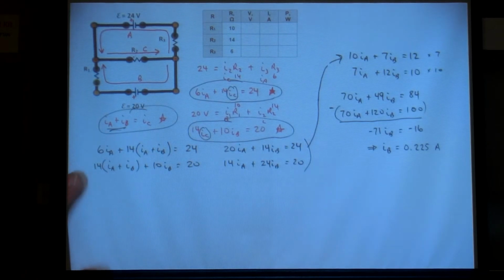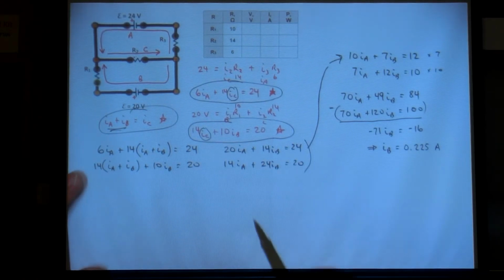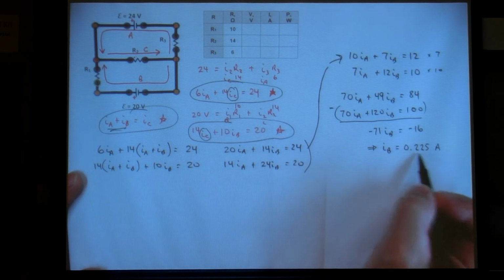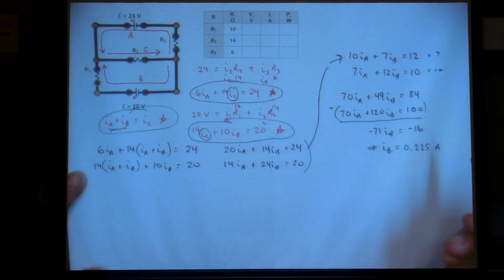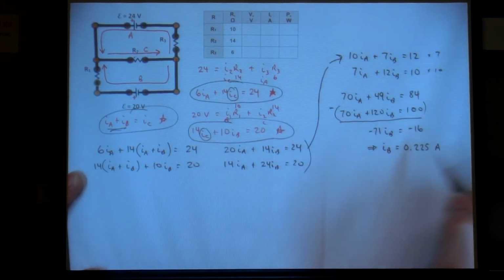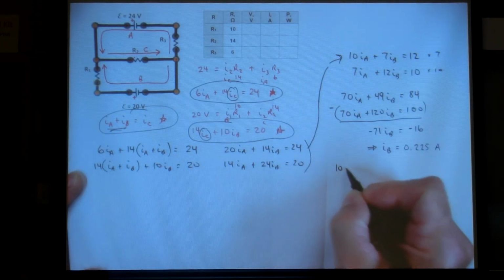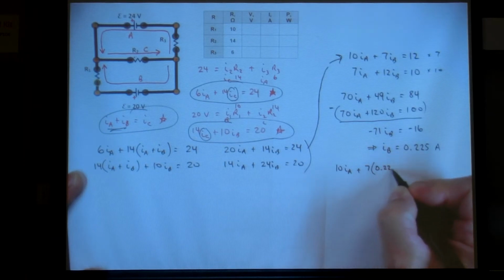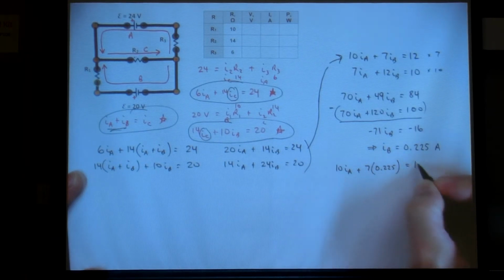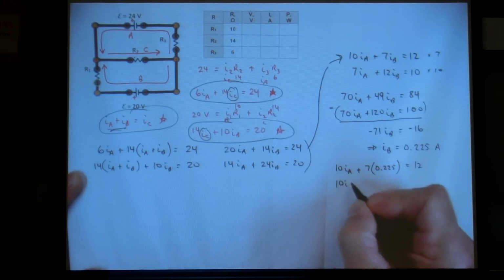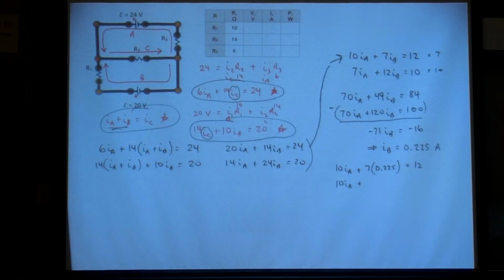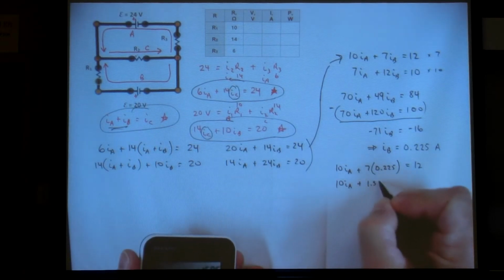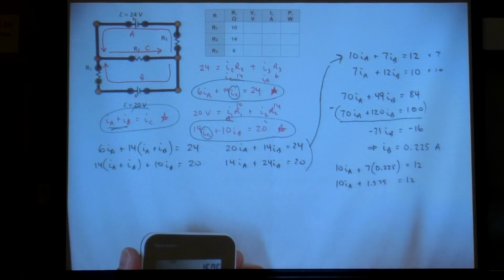Now to find the current in section A, I can substitute that value into one of my other equations. So I can go 10 IA plus 7 times 0.225 equals 12. So that means that 10 IA plus 7 times 0.225, that's 1.575, equals 12.